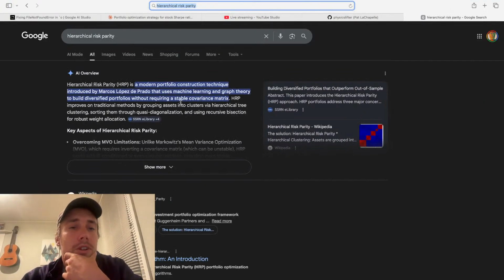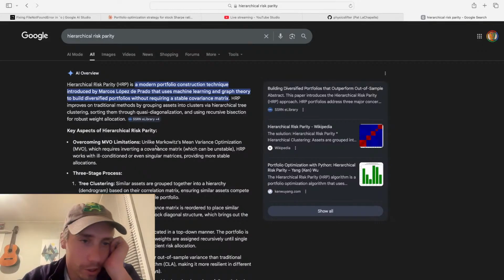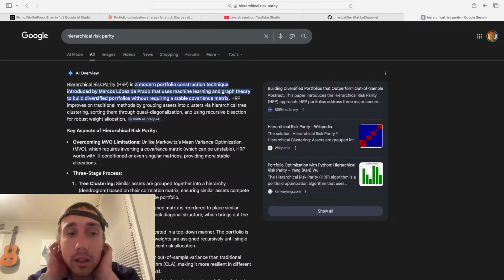A modern portfolio construction technique introduced by this guy, De Prado. I know that name from somewhere. He invented something. HRP improves on traditional methods by grouping assets into clusters via hierarchical tree clustering, sorting them through quasi-diagonalization, and using recursive bisection.